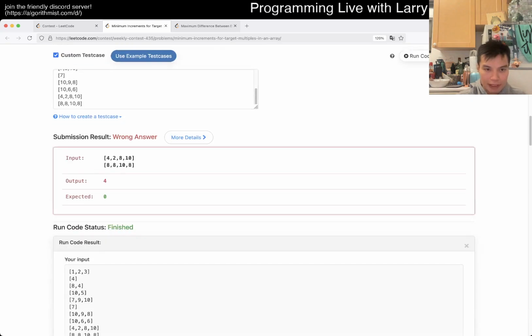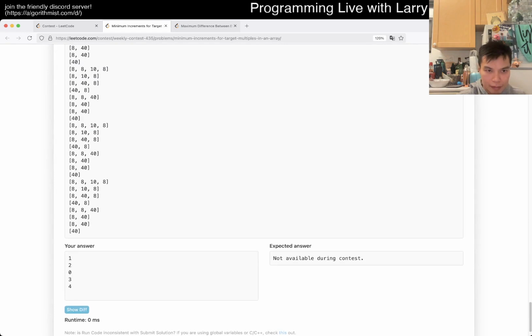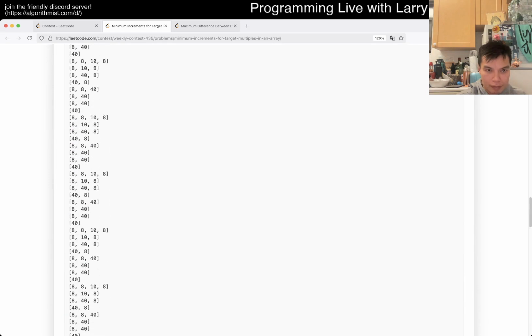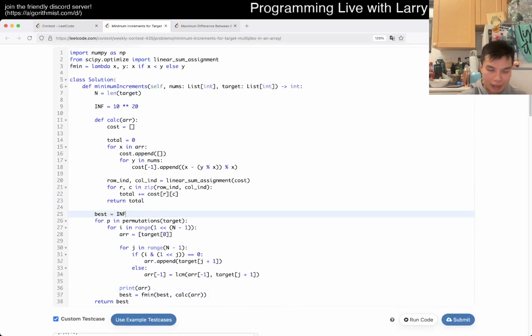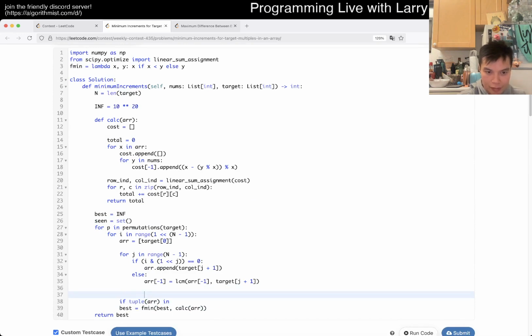There should be an 8 and a 10, and then you just have a... Also, I think I can optimize it by doing... I don't know what I'm doing. I'm taking way too long.